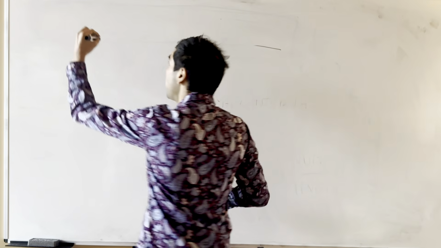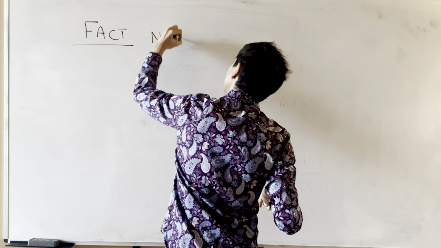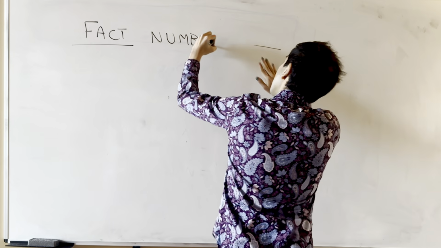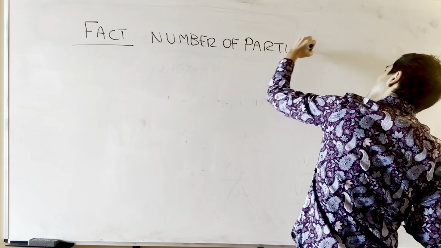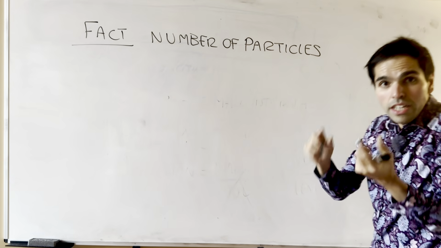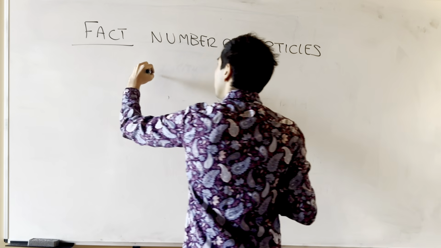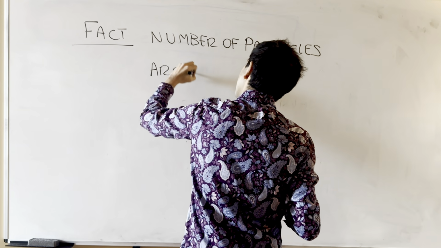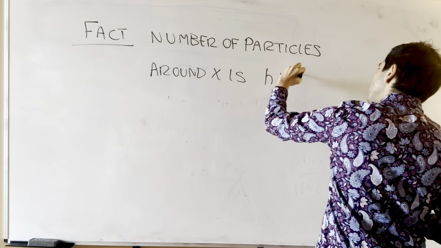So just to recap what we talked about so far, the number of particles in that interval, so let's just call it around x, is h times u of x.